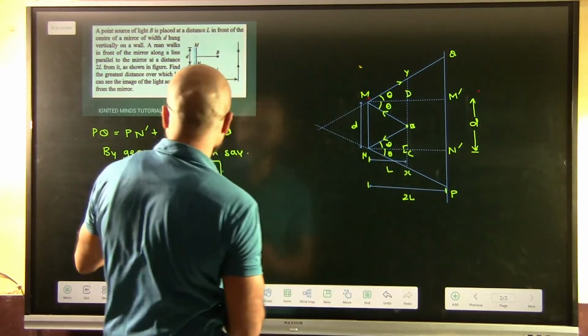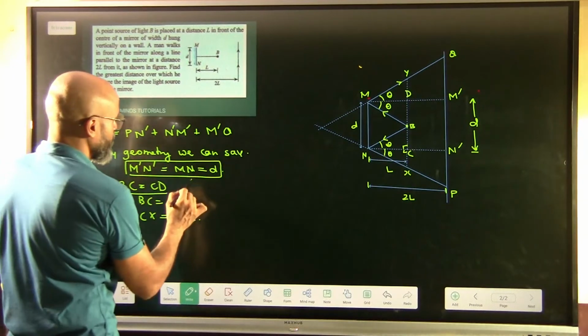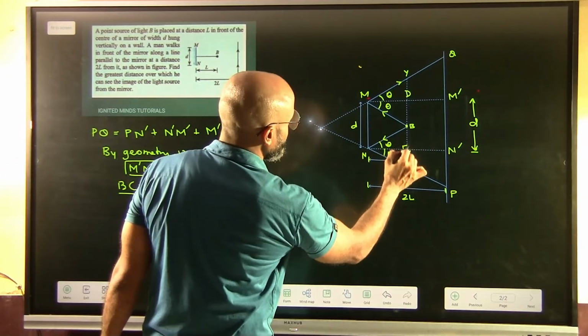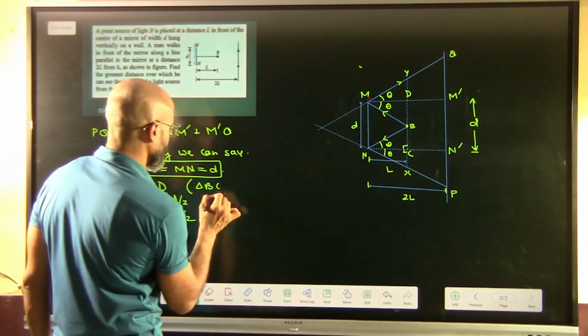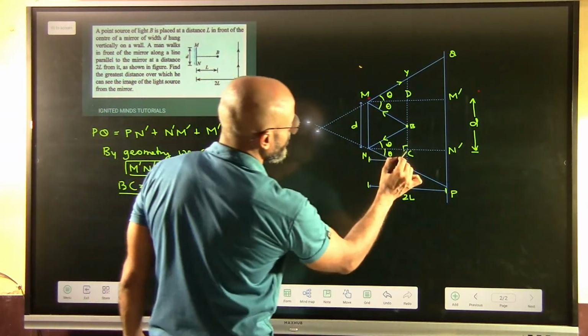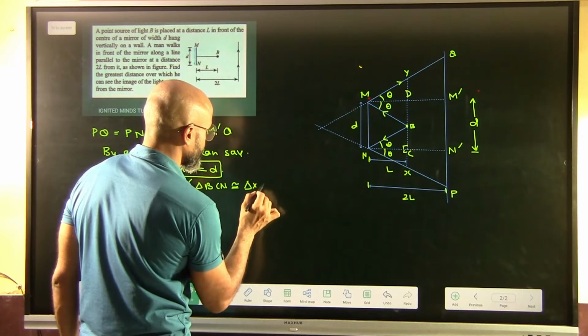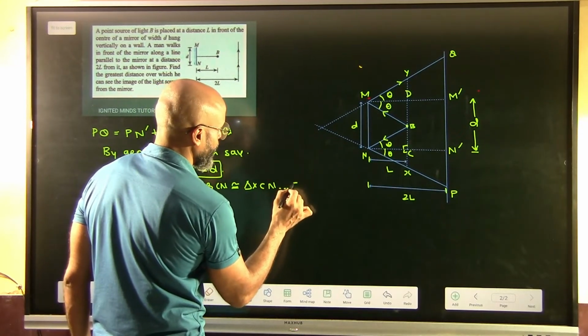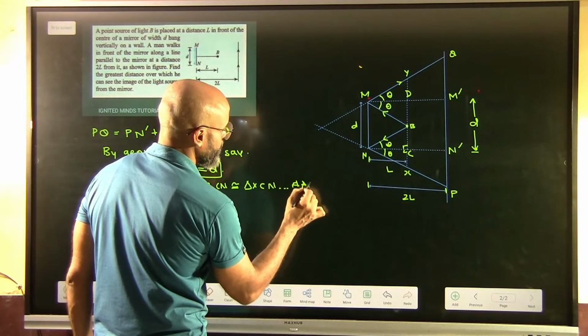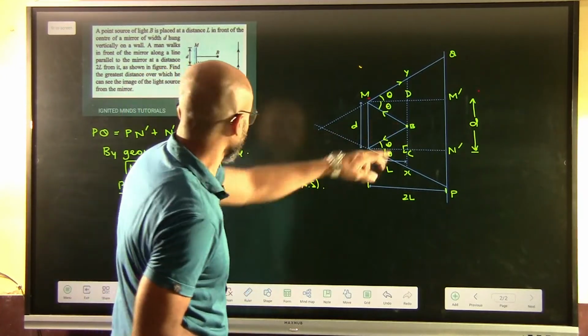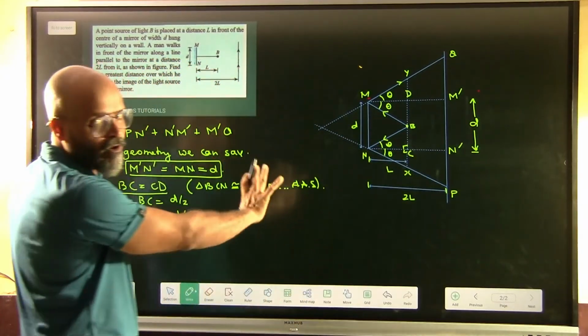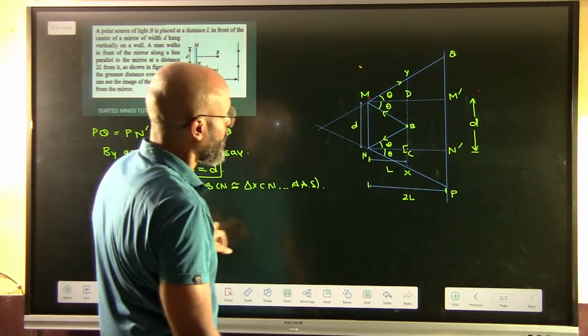So obviously BC and CD will be equal, because triangle BCN will be congruent to triangle XCN by the angle side theorem. We don't have to write all these things in physics, it's just a way of dealing with it.